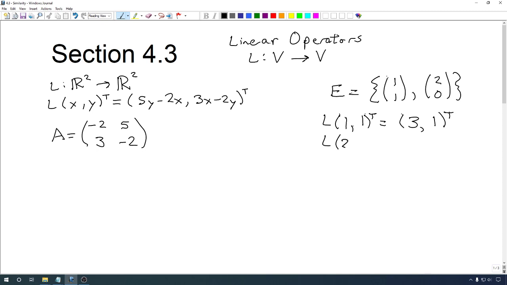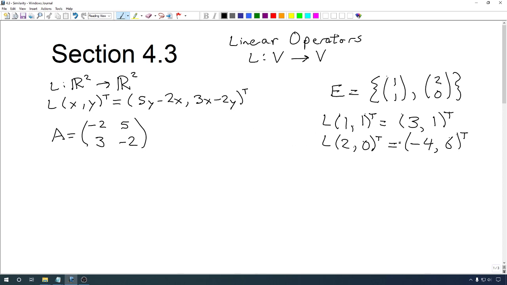And if we plug in 2, 0, well, remember that y is the 0, so this goes away. So we have negative 2 times 2 gives us a negative 4. And then 3 times 2 minus 0 gives us a 6.